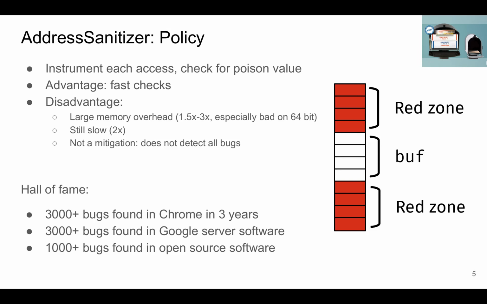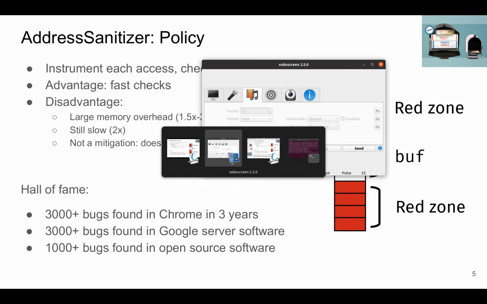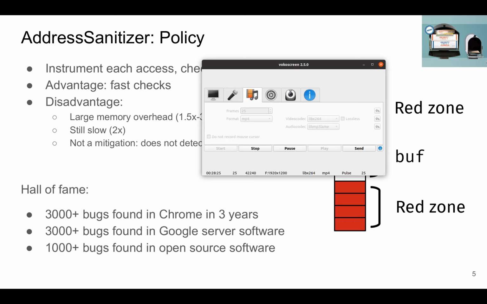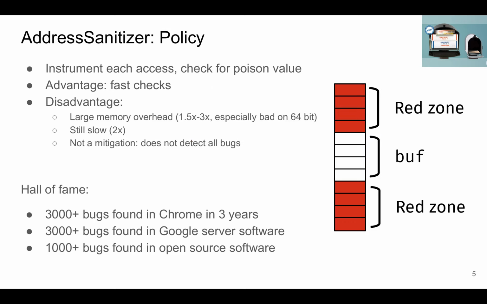So SoftBound actually detects when you modify the pointer. SoftBound does not need red zones because it detects, hey, this is the object and I've now modified the pointer past the end of the object. And when I'm accessing this pointer, I can actually trigger a fault without adding this red zone.